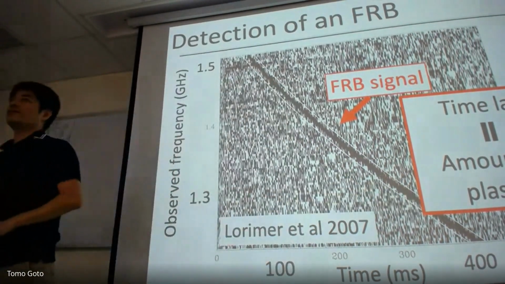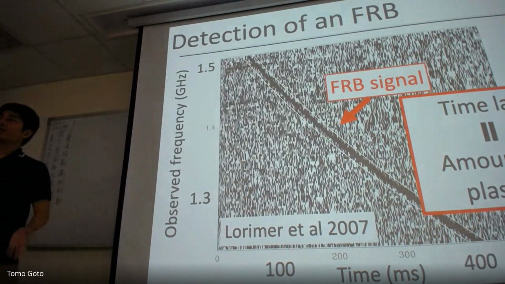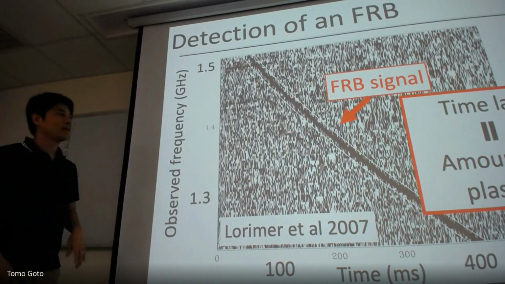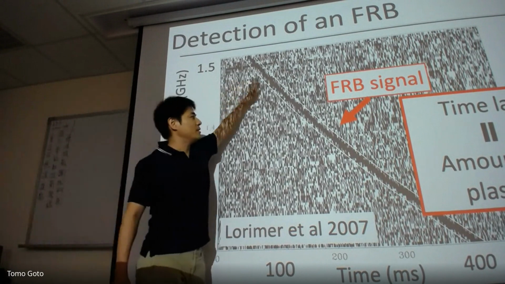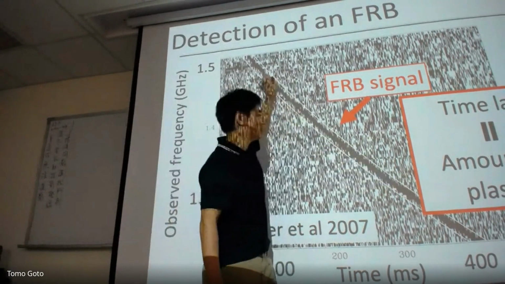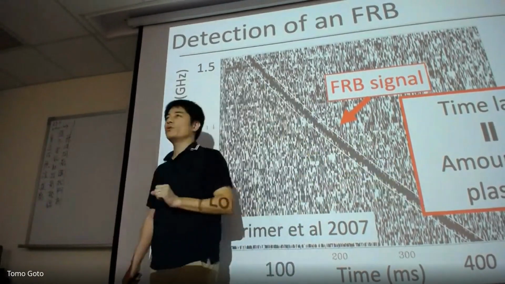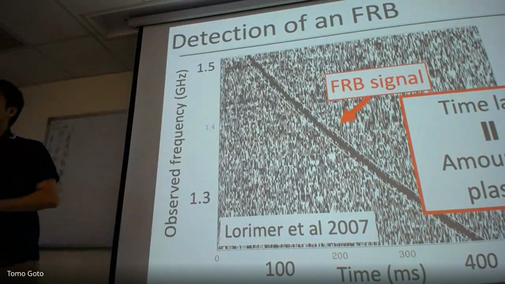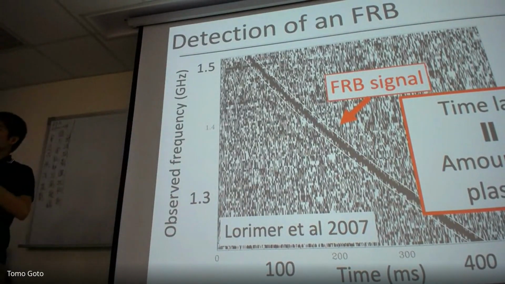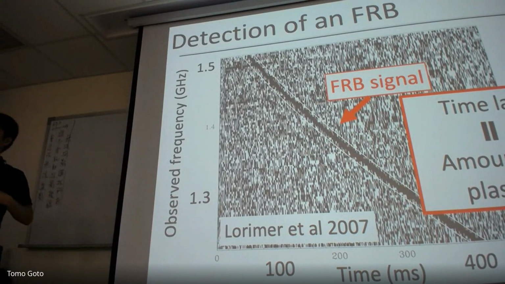So this is exactly what we expect from plasma theory. Then, how much time lag do you have from here to there? Actually, this is proportional to the amount of plasma you have between the FRB and the observer's telescope.